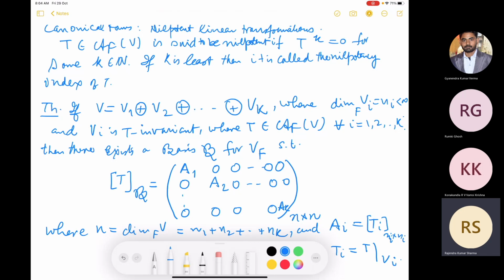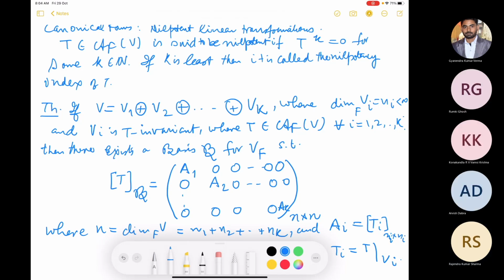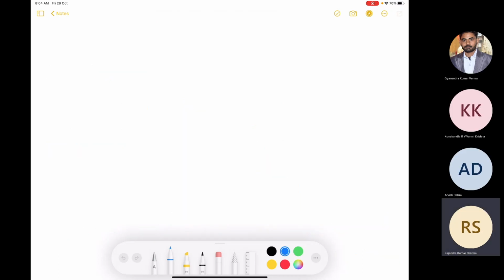So an n by n matrix can be obtained, which is diagonal. And the diagonal entries are matrices themselves. And these matrices are actually the restrictions of the linear transformation T on the components Vi. All right, let us prove this interesting result as follows. So the proof.